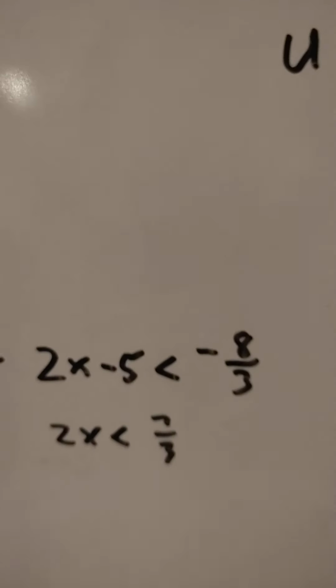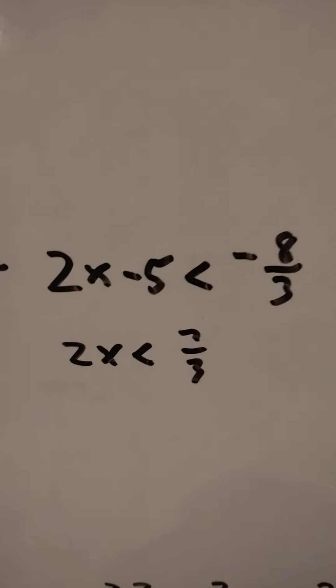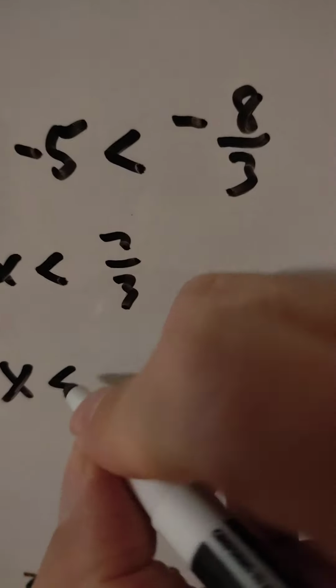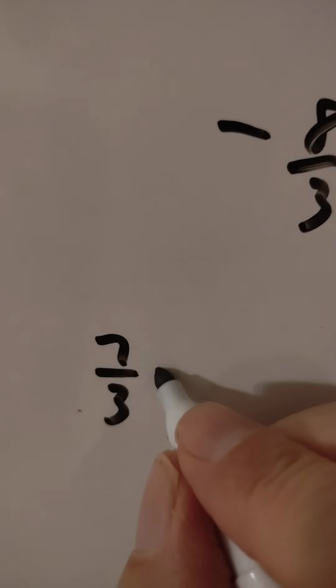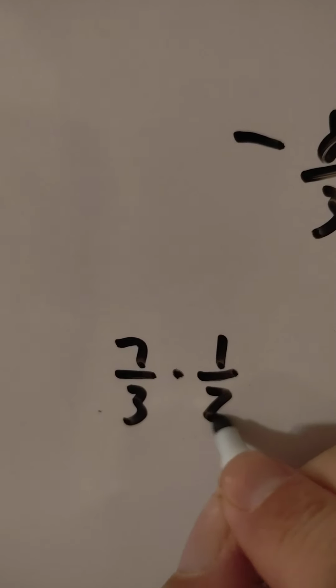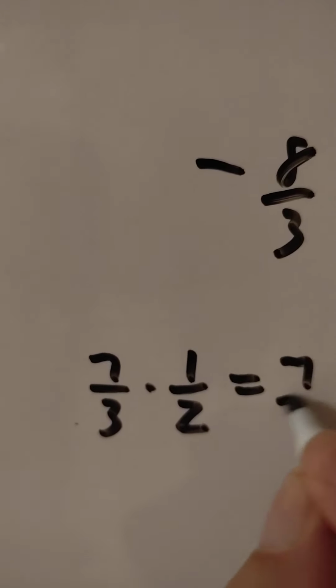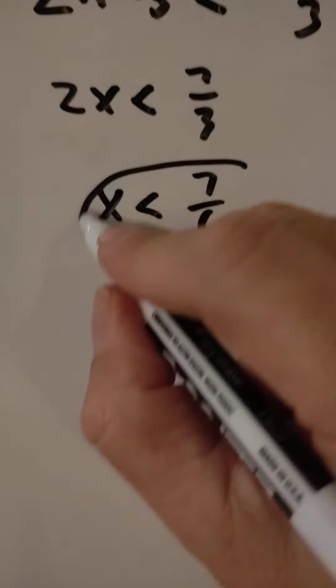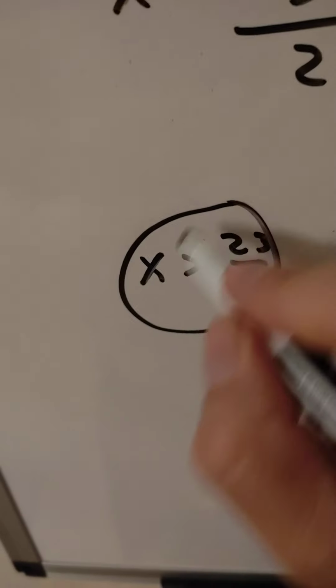So I'm going to write 7 thirds right here. And then divide both sides by 2, and then we get x is less than, what's 7 thirds divided by 2? Divided by 2 is the same thing as times 1/2, times its reciprocal. And that equals 7/6. And there's the two answers, there and there.